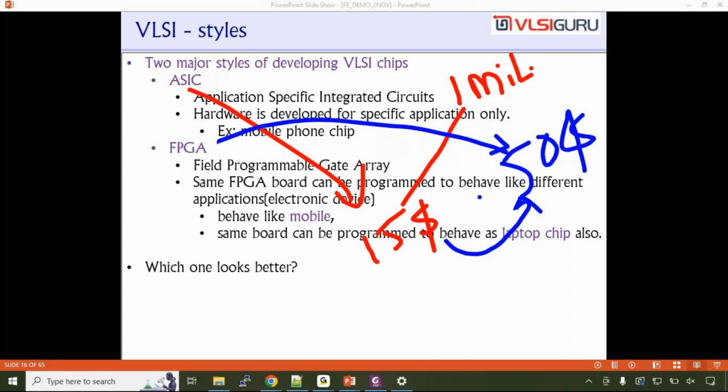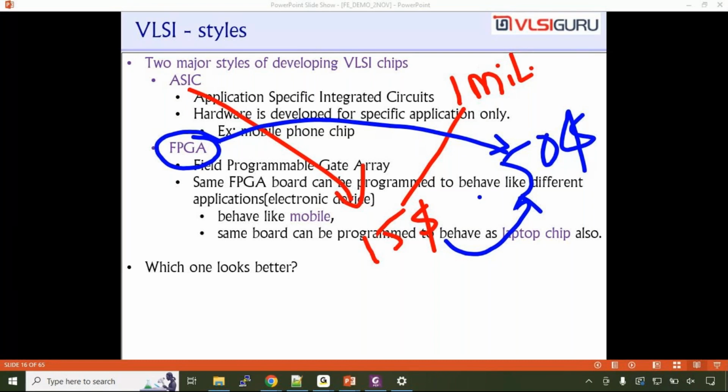Let's say you go to your father and tell him there is ASIC in it, there is FPGA in it. Will he bother? People will only understand what the cost is, with all the same features, same functionality. Will I get it at a lower cost? So for bulk production, what do we prefer? ASIC. For limited production, we go with FPGA.